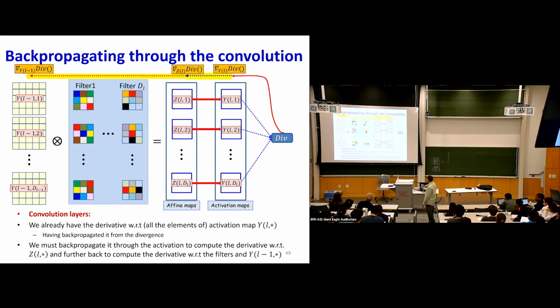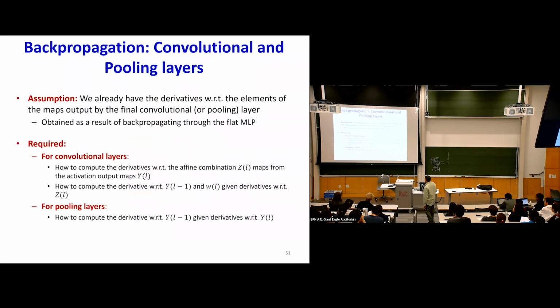So those are the two components, right? We need to compute derivatives with respect to the elements of the affine maps, given their derivatives with respect to the activation maps. And then given that, we need to go back and compute the derivatives with respect to the previous layer maps as well as the filters.